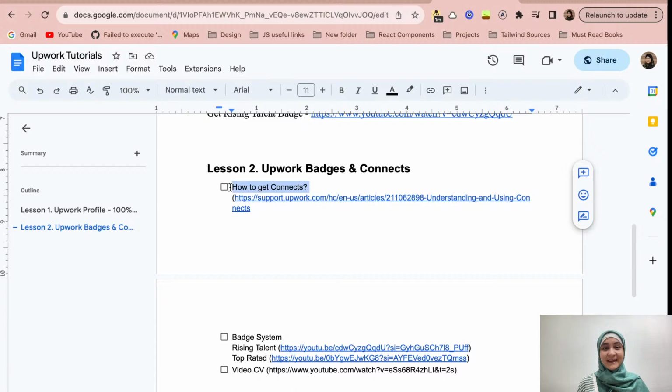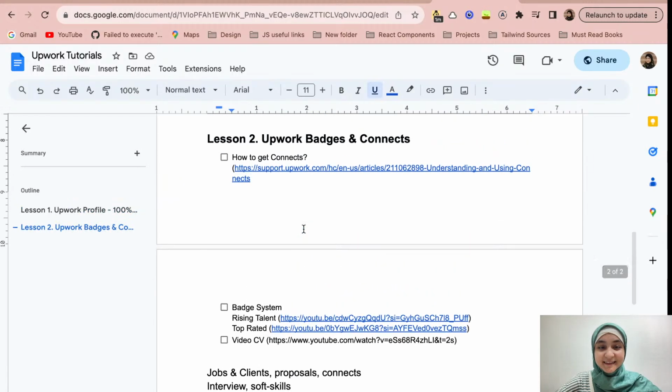And there have been cases of people whose accounts were deactivated. Basically, they were applying to every job and spending all of their connects. That's why connects are so precious, especially when you are new to Upwork. Try to spend them on the jobs that you really, really want to work on.